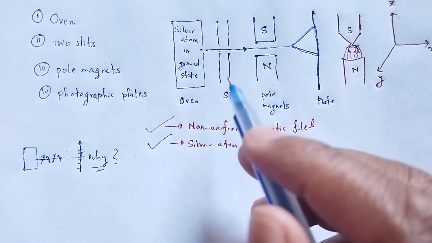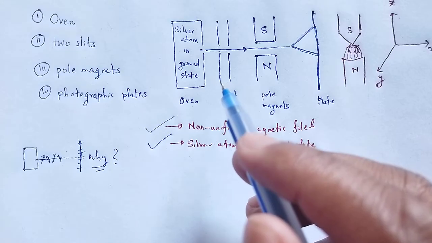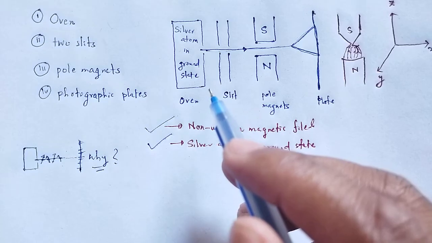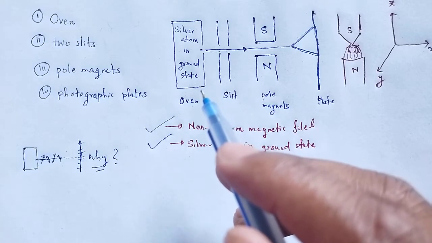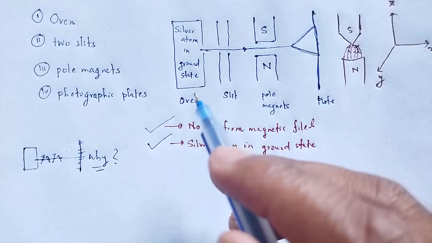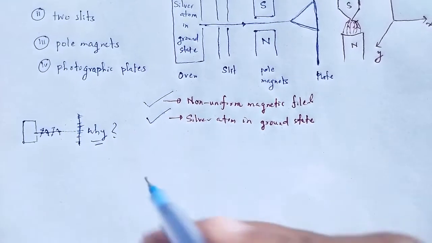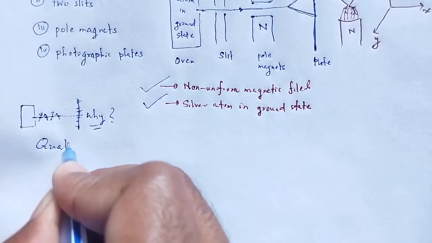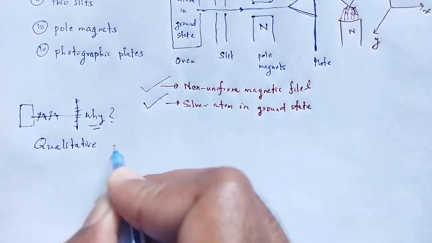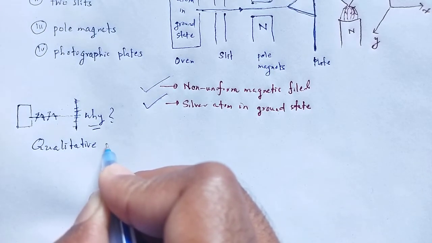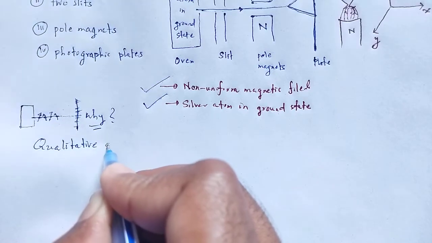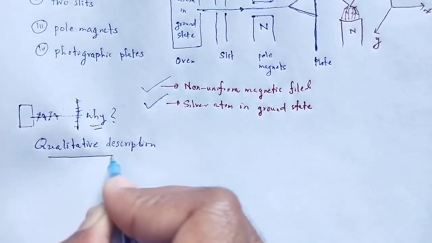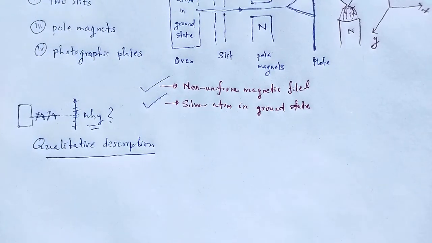To explain this experiment, we prefer two ways. One is a qualitative discussion and another one is a quantitative description. First, the qualitative description. What happened actually?